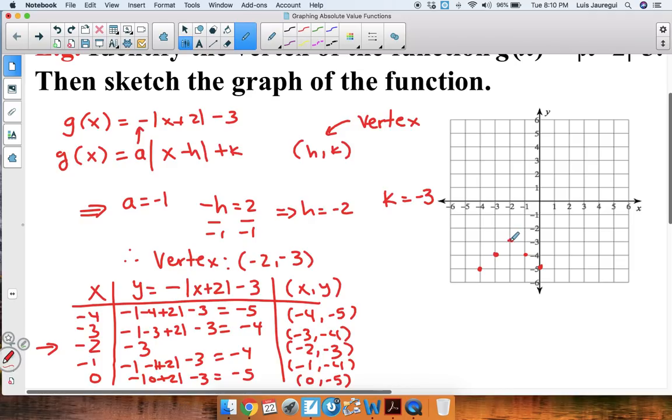So connecting those points, we can get a quick sketch of our particular function. Notice that this will be our function. This is an actual v-shape flipped down. So you can say, okay, this is a v-shaped function, which happens to be an absolute value function with equation g of x is equal to the opposite of absolute value of x plus 2 minus 3.